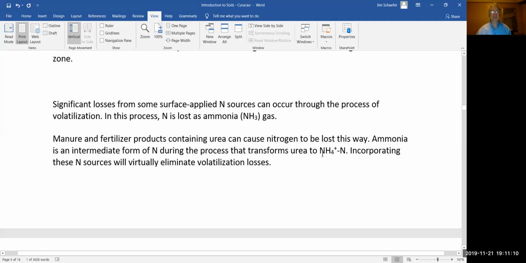Even in a drip system, it will tend to run off into the ditch, it'll run off into the creek, and you'll lose your nitrogen that way. If your soils are really coarse and sandy, then you can lose nitrogen through even a drip irrigation system if you over irrigate.